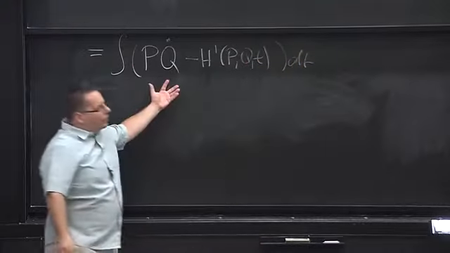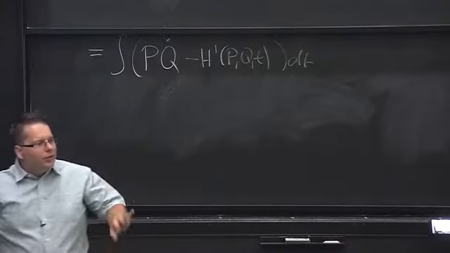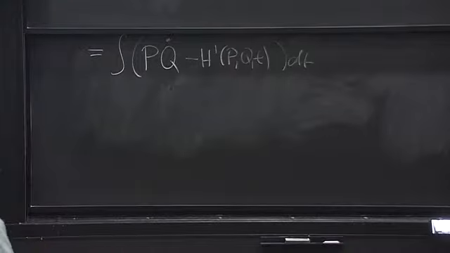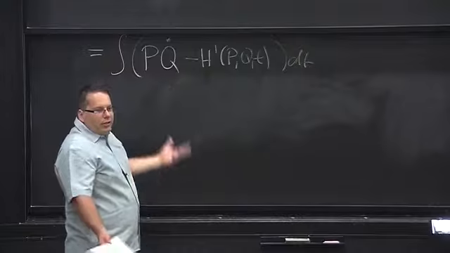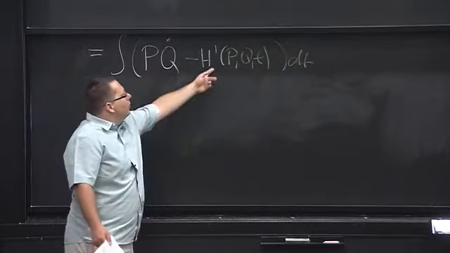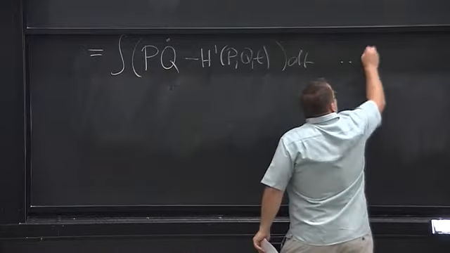So if I start this action like this, P Q dot minus H prime, this is just my new Lagrangian in terms of capital Q and P. If I do the variational principle, I'll just get the standard canonical equations, but now in terms of P, Q, and H prime. So this is what you require.